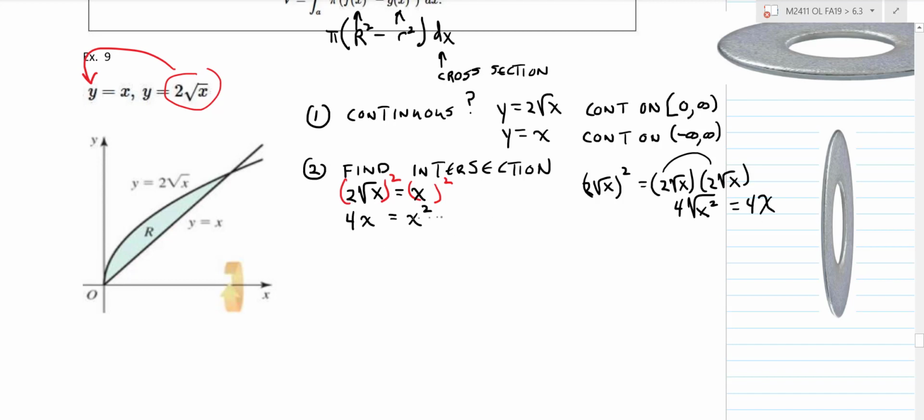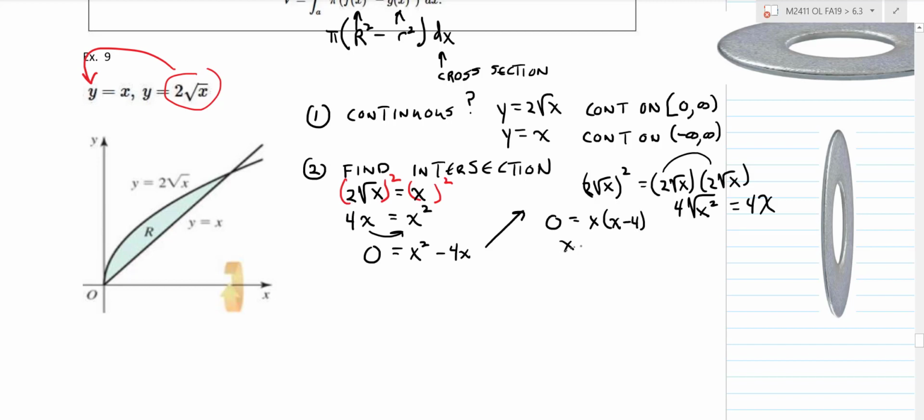So then what I'm going to do is solve this equation. One side needs to be equal to 0. Doesn't matter which side. I'm just going to slide the 4x over here to get x squared minus 4x equals 0. And then we can solve this by factoring. So we have 0 equals x times x minus 4.